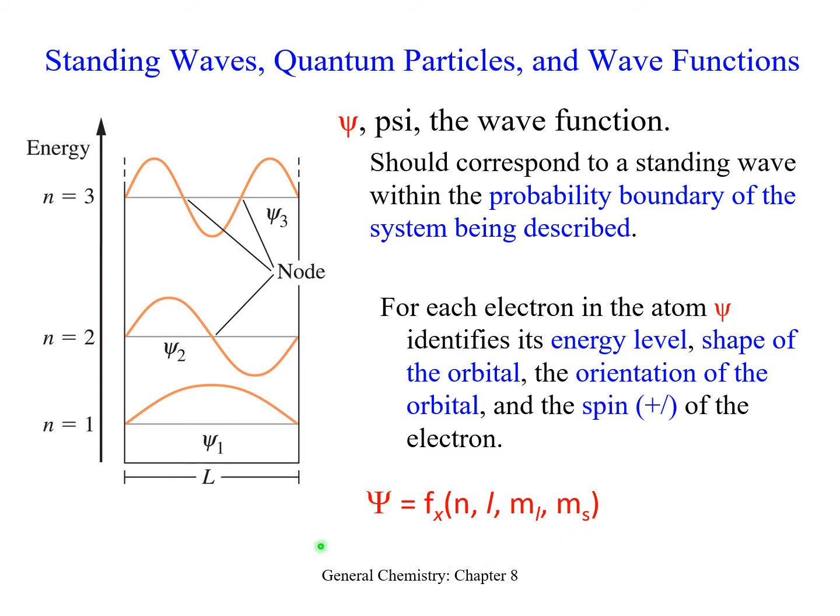And so here is Schrodinger's equation, where each electron is a function of energy, a function of shape, a function of orientation, and because only two electrons can occupy a given orbital, and they're like charge, they're going to be chasing each other around in that orbital as far away from each other as possible. And so that would be the spin of either plus 1/2 or minus 1/2. So that would be the Schrodinger wave equation.